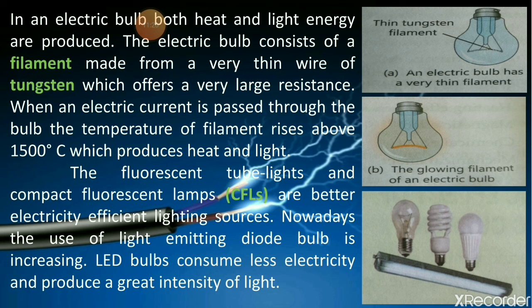The compact fluorescent lamp, that is CFL, and the fluorescent tube lights are available in the market to reduce the wastage of electrical energy by reducing the heat produced due to lighting. They consume very less electricity, and they produce a very great intensity of light.